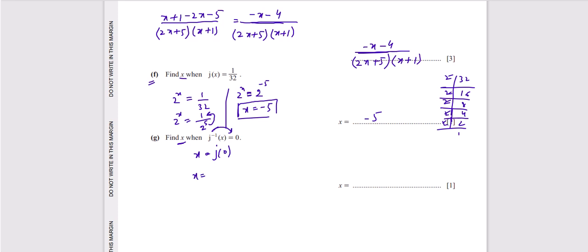So x is equal to the function j of 0. j of x is equal to 2 raised to the power x, means that the value of x is 0. 2 raised to the power 0, that is equal to 1. So x is equal to 1.